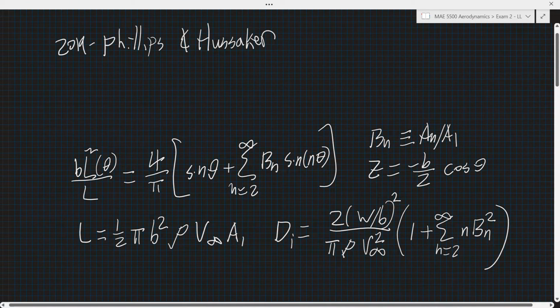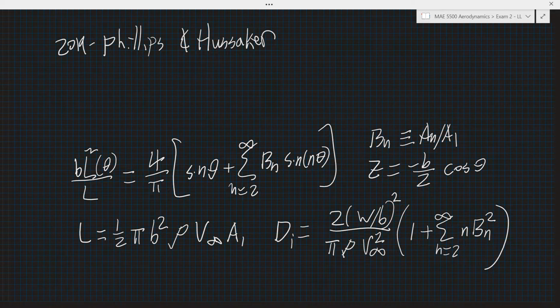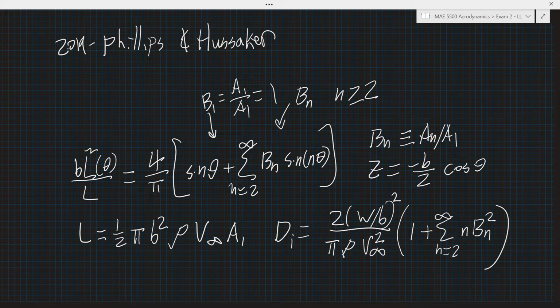I didn't want to spend too much time writing out these equations. These are the equations that we've looked at before. The only difference is that we've drawn out the B1 coefficient over here, which is just A1 over A1, so that's 1. And then over here we have all our other B sub n's, where n is greater than or equal to 2.